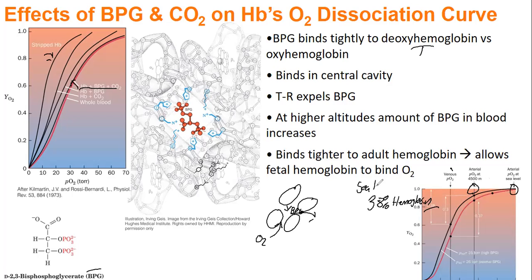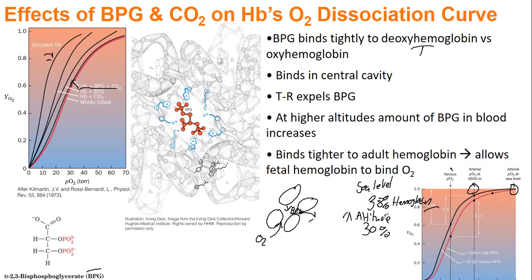So that's sea level. When you first go to a higher altitude, only 30% of your hemoglobin delivers oxygen from your lungs to your cells. That's why when you go to higher altitudes, you get tired so fast. You do a little bit of running, you're out of breath.